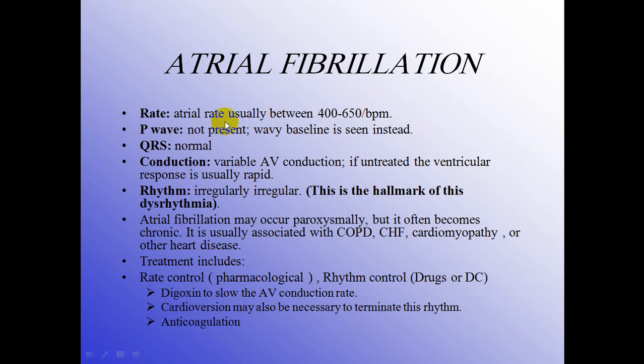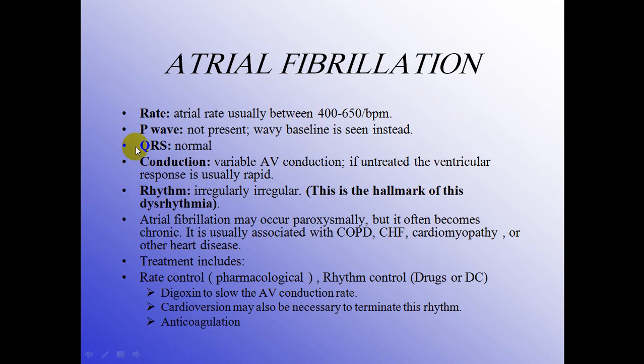P wave is not present, you will not see it, because the left atrium is not effectively depolarized. A wavy baseline is seen instead of the P wave. If this wavy line is coarse, it is coarse atrial fibrillation. If it's fine, it is called fine atrial fibrillation.